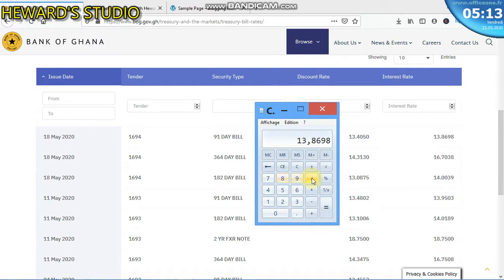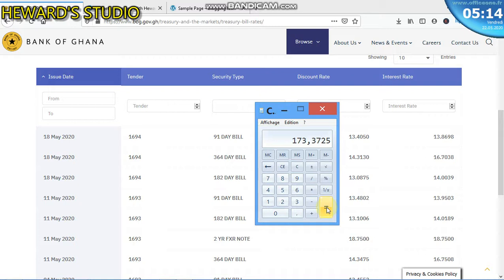Already it's 13.8698, so we divide by 4. We got 3.46745. This is divided by 100 because it is in percentage. Then we multiply by our 5,000. So if you decide to invest in the 91-day treasury bill, your 5,000 will give you 173.3725, so roughly 173.37.